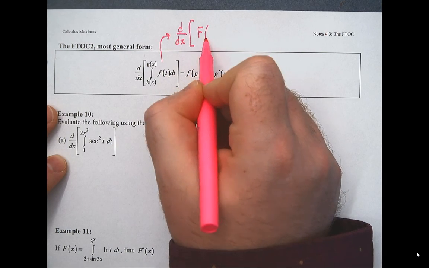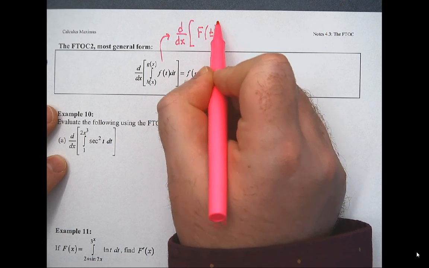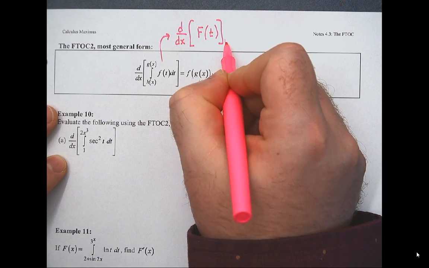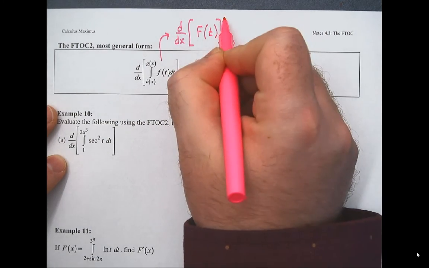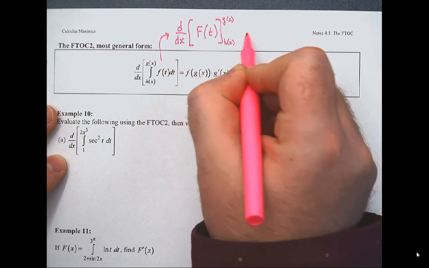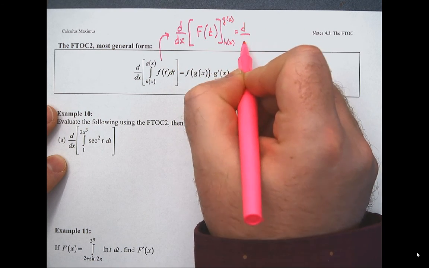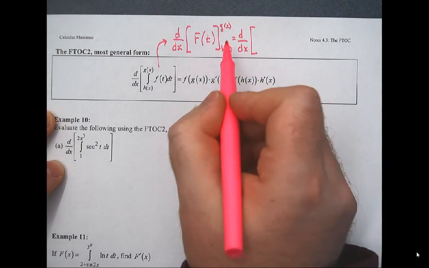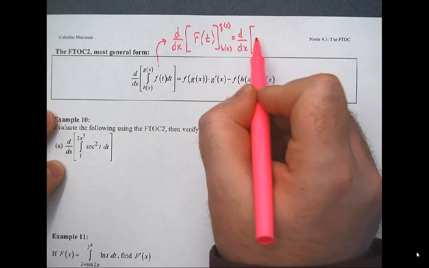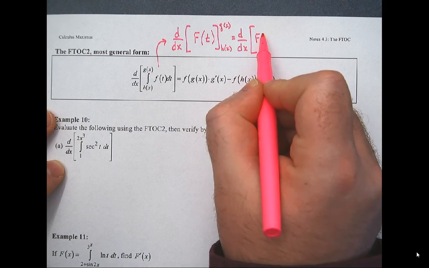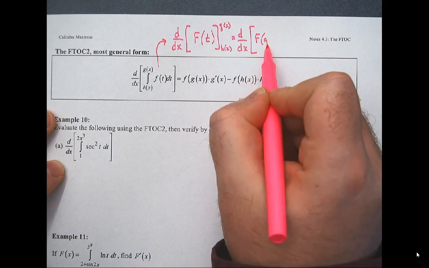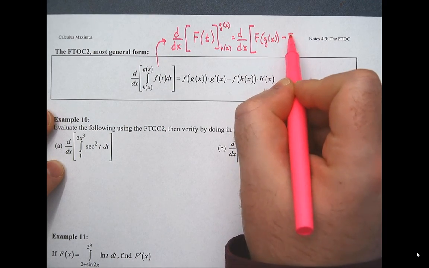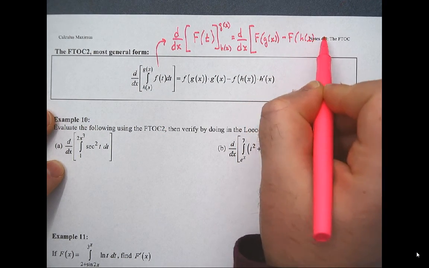We'll just leave it, f of t, defined from h of x until g of x. Well, that's the derivative of, so now I'm going to plug these values in by the first part of the fundamental theorem of calculus. I plug this in first, that would be F of g of x, minus, I plug this in second, F of h of x.